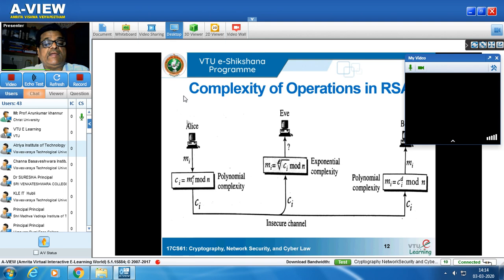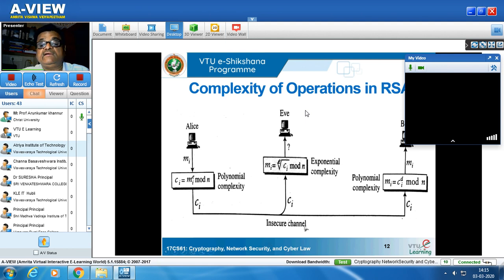Then we supply these blocks as input to encryption. To convert the particular block Mi into ciphertext Ci, we make use of the encryption algorithm and mod n.